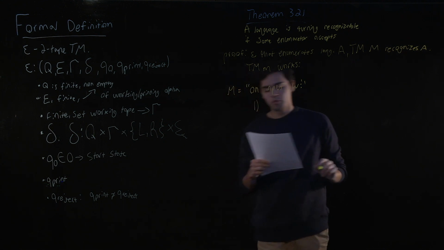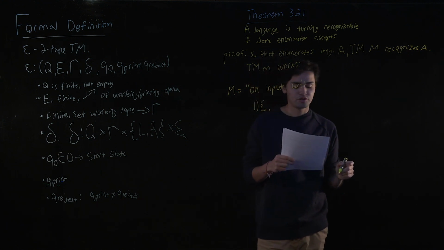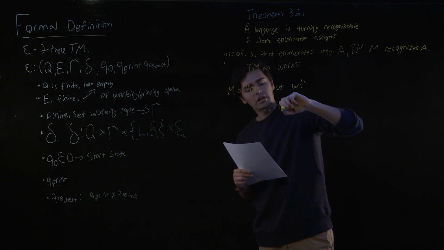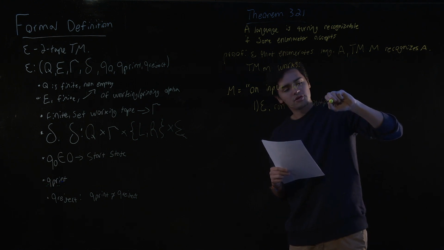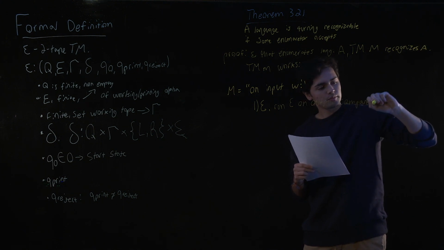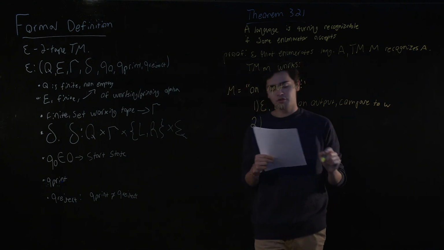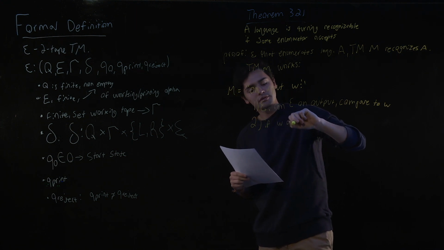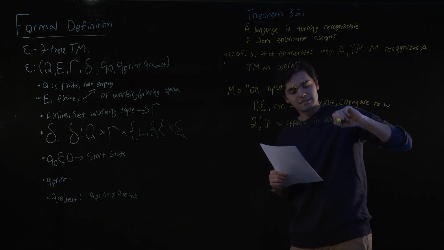The first condition will be to run E. We are going to run E, and every time that E outputs a string, we're going to compare it with W. The second condition is that if W ever appears in the output of E, then accept.